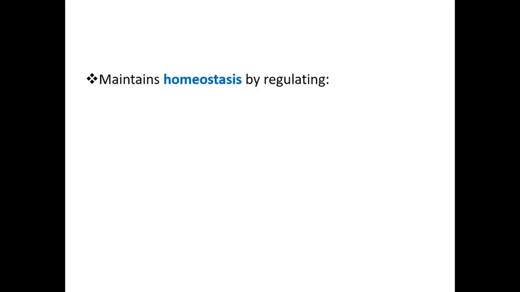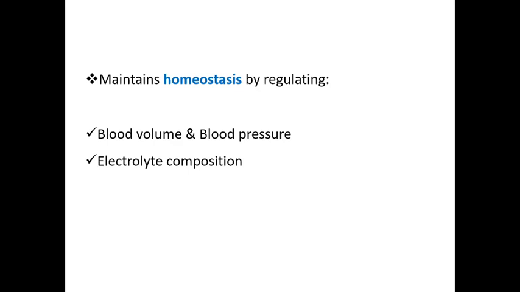The kidneys play an important role in maintaining this homeostasis. Kidneys help to maintain the blood volume and thereby the blood pressure. Kidneys help to maintain the electrolyte composition in the body, and also the acid-base balance or the pH of the internal environment.